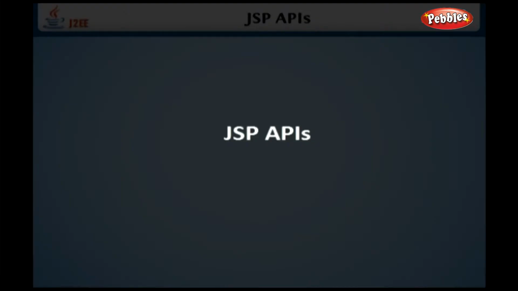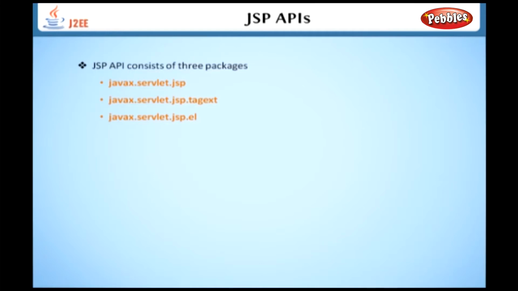JSP APIs. In this lesson, we will discuss the APIs present in Java Server Pages. The JSP technology is based on the JSP API that consists of three packages, i.e. javax.servlet.jsp, javax.servlet.jsp.tagext, and javax.servlet.jsp.el.